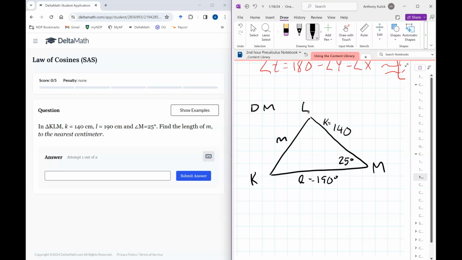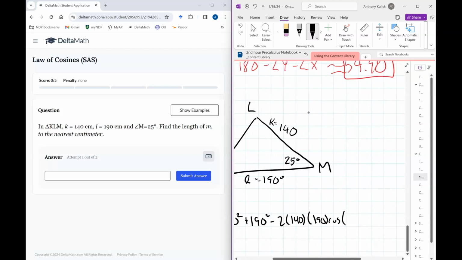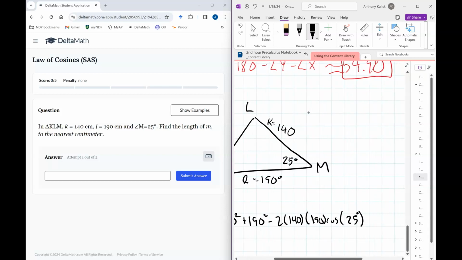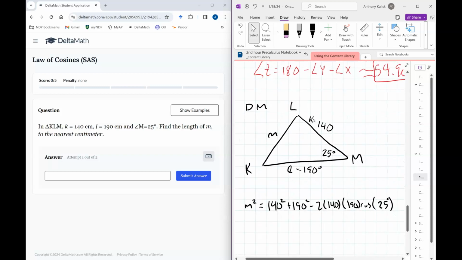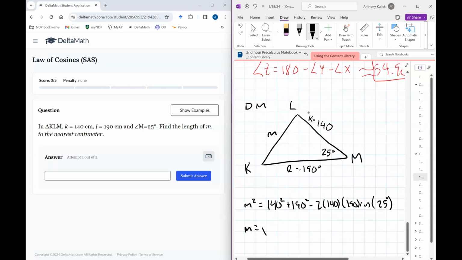So, yes, that's fine. So for the side angle side, I'm going to solve for m squared. So that's going to be leg squared plus leg squared minus 2 times leg times leg times cosine of the angle. So m should just be the square root of that stuff.